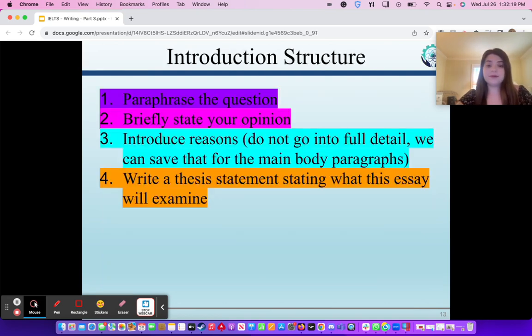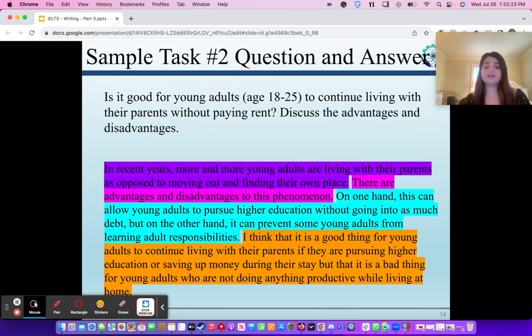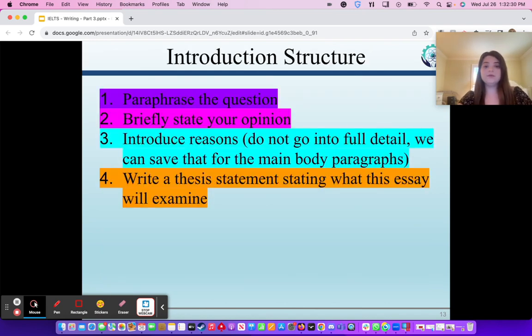And then the pink part is where we're going to briefly state our opinion. So there are advantages and disadvantages to this phenomenon, right? Then in the blue, we're going to introduce our reasons. So, what's one advantage and one disadvantage? We don't have to go into full details about them because, again, we can save that for the body paragraphs, but we do need to put in one advantage and one disadvantage.